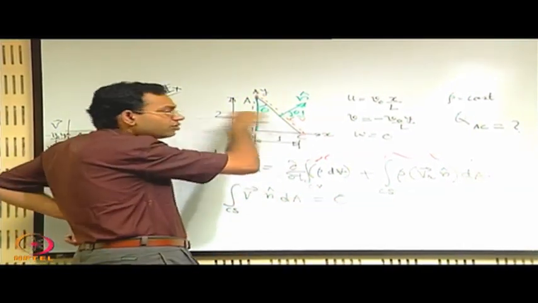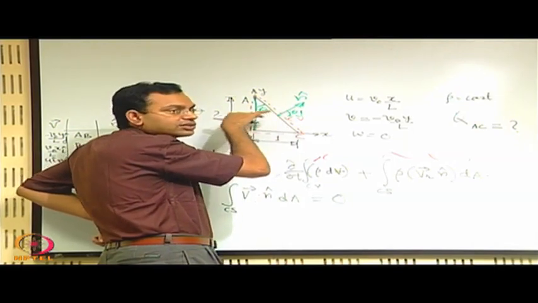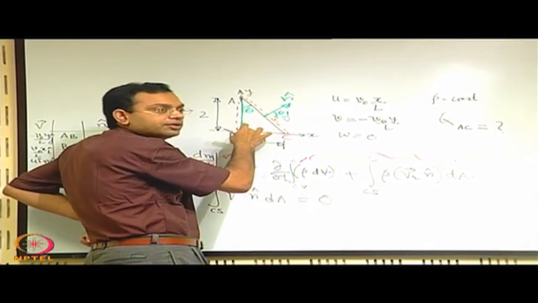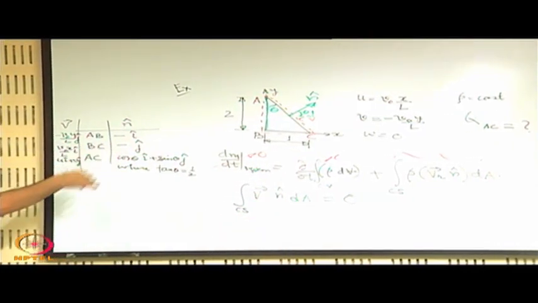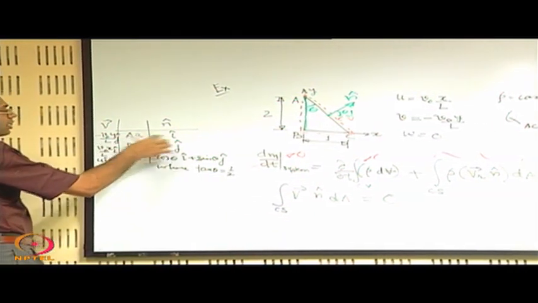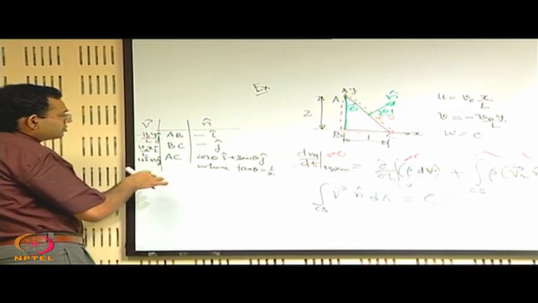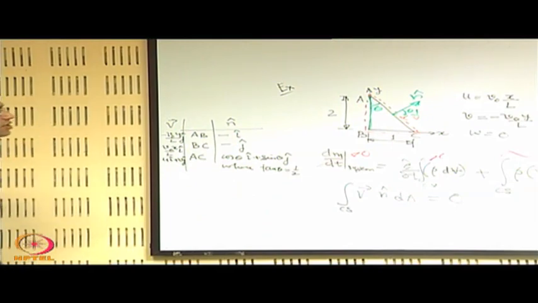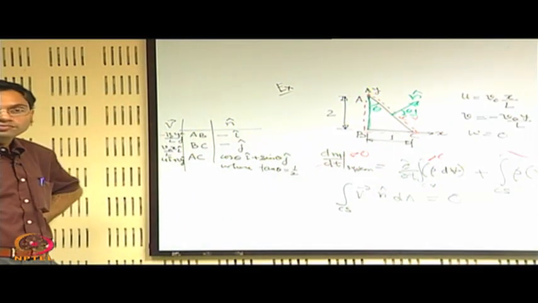So, there is no net flux or influx or outflux of flow across AB, because there is no normal component. If you make a dot product of this, you can clearly make that out, and so that will not give rise to any net flow. Same might be true for BC, right.